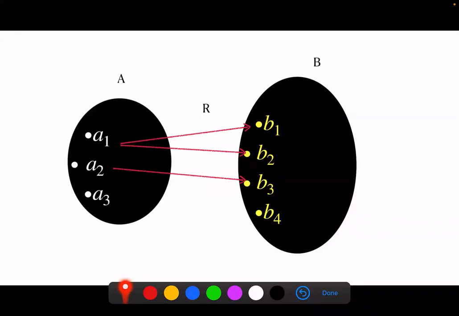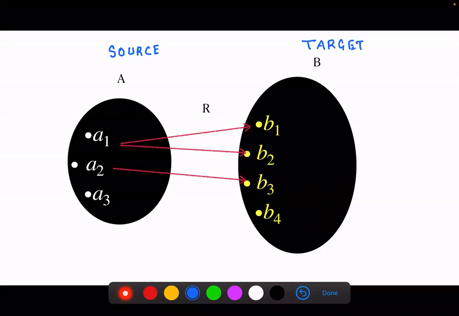So for those reasons, maybe it is a helpful idea to think of A as the source. A is a source set, and B is a target set. You can say that.